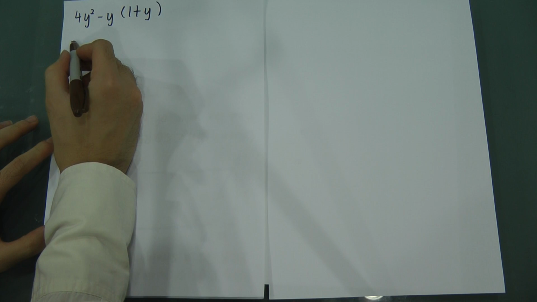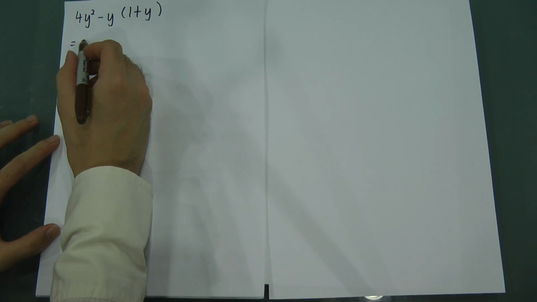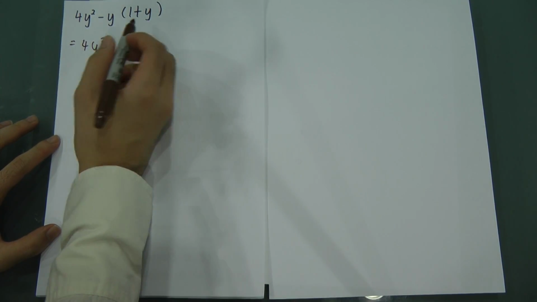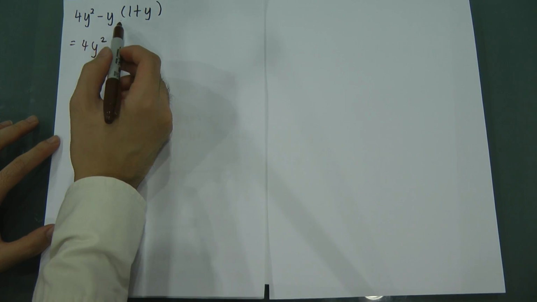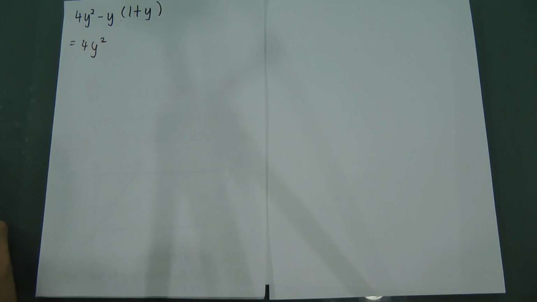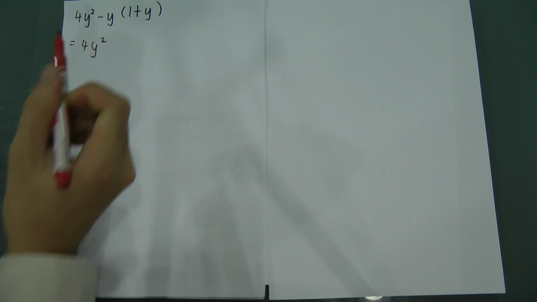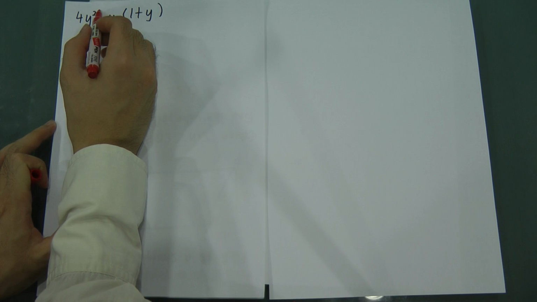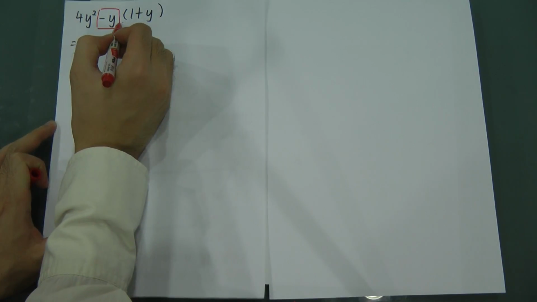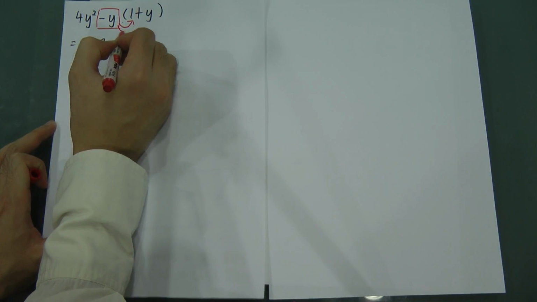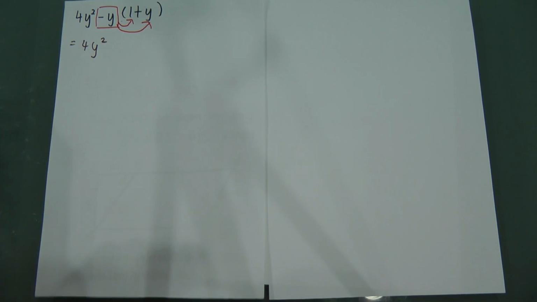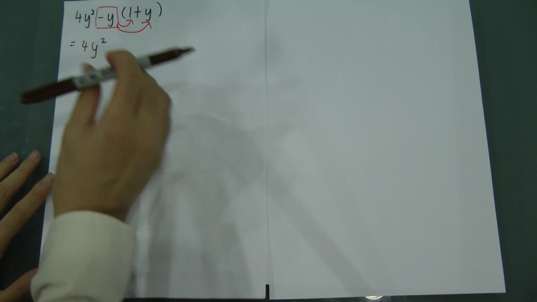When you expand, you see 4y squared here, you just continue to write 4y squared, and then here you have to multiply negative y into it. Remember, you are multiplying negative y into both of these, the first one and the second one. Because the mistake most students make for this kind of question is they just multiply y.